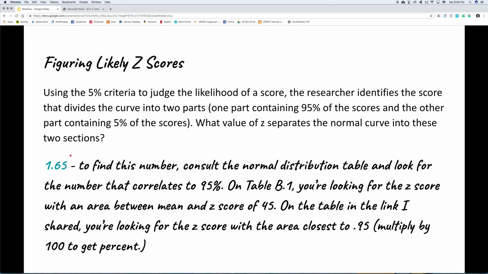So that's 1.65. If you're looking at the table in the book, table B1 in the back of the textbook, you're going to be looking for the z-score with an area between mean and z-score of 45. So you're looking for that second column to be 45. If you're looking at this table, you're just going to look for the z-score with the area closest to 0.95.